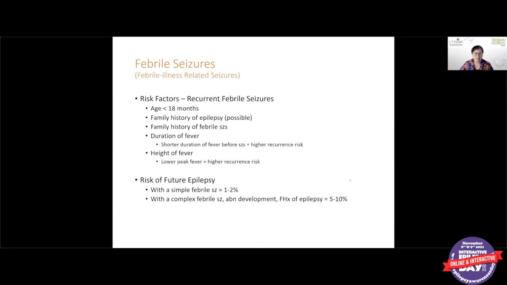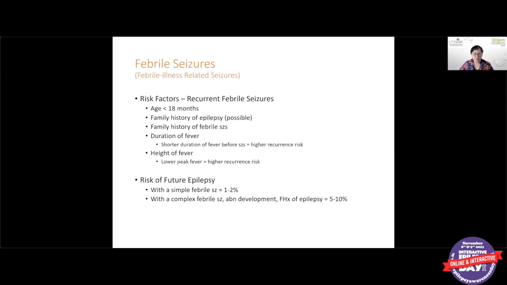Most of the time, febrile seizures are not treated with seizure medications or anti-epileptic drugs because it's not thought to really help control those. Really, the best way to control those is to not have febrile illness and not have a fever, which sometimes is very hard to prevent a child from having.